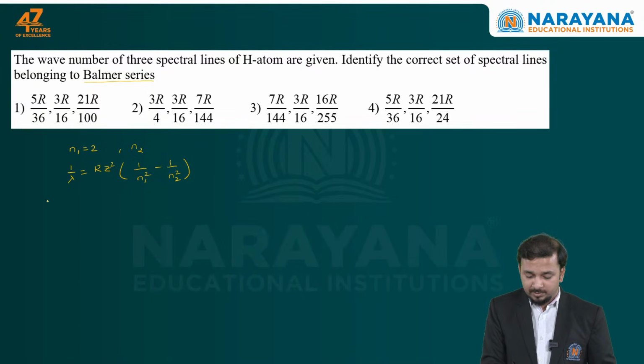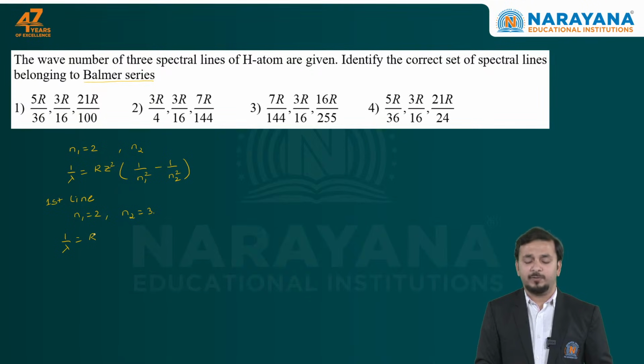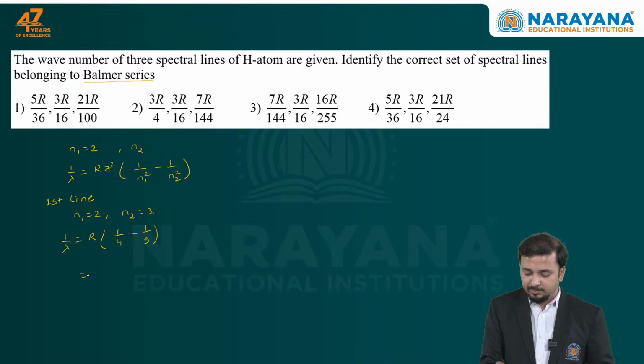So for the first line, we'll get N1 equal to 2, N2 equal to 3. So 1 upon lambda will be equal to R, Z will be 1 for the hydrogen atom, so it will be 1 by 4 minus 1 by 9. This will become equal to 5R by 36.